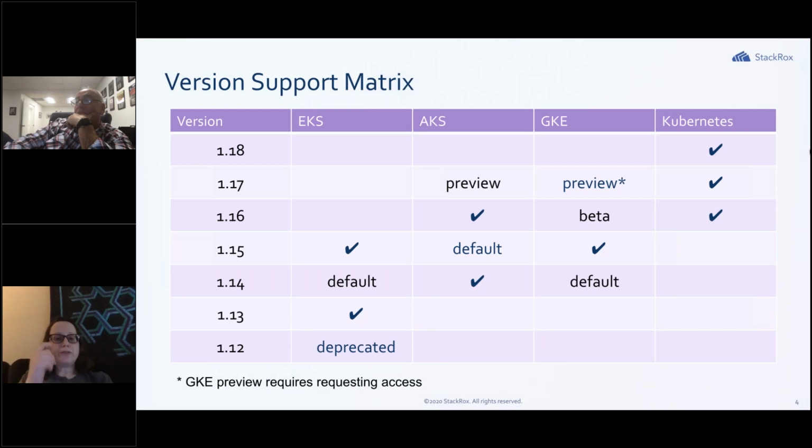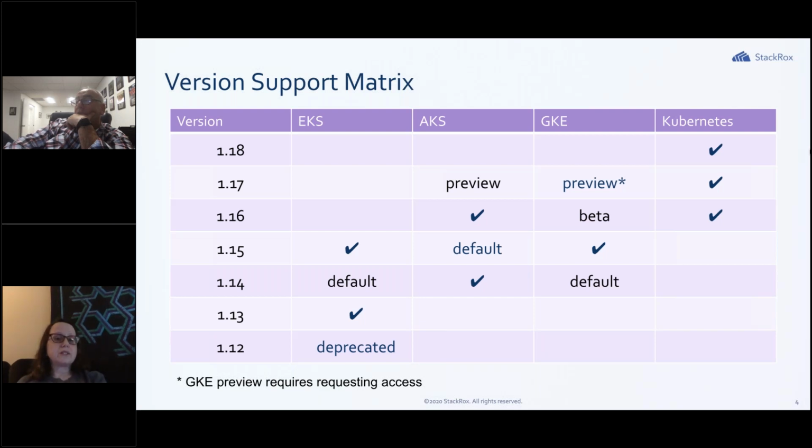So I will say for a few things, AKS, Azure, has actually been doing a really good job of being very current with versions. I was a little surprised by that. It's impressive. GKE is a little more conservative. They were actually the last of these three to make 1.14 their default for new clusters.